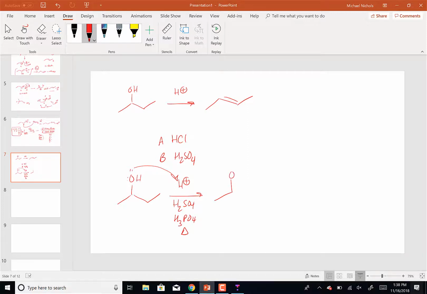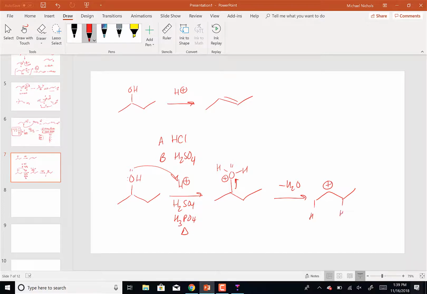Then I'm going to protonate the OH to form an oxonium ion, because OH cannot leave. It's a strong base, so it's a lousy leaving group. But if I protonate it and make a water molecule, it's a weaker base, and so this can leave. Then I'm going to lose my water and form my carbocation.